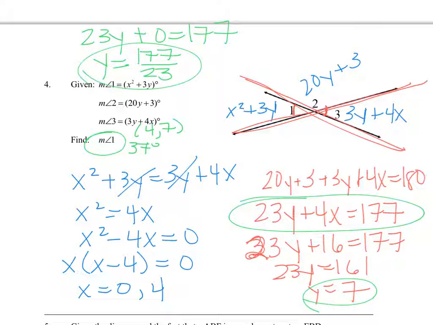And for the pair of values when x is 0 and y is that big ugliness, 177 over 23, the measure of angle 1 is 0 plus 3 times 177 over 23. So 3 times 177 is 531, and we get 531 over 23 degrees. Okay, and that's pretty ugly. The 37 is certainly a lot nicer.